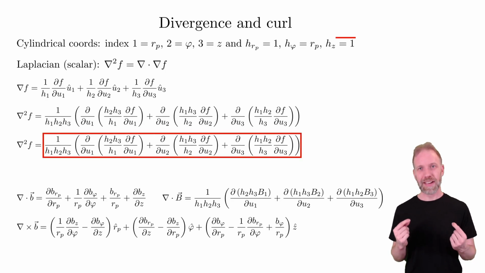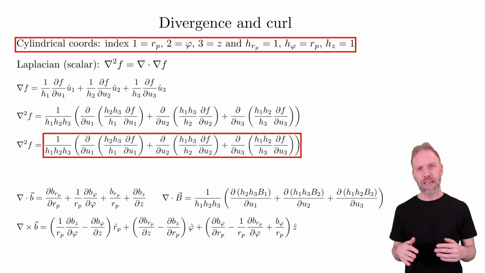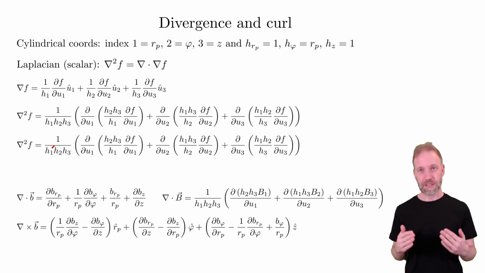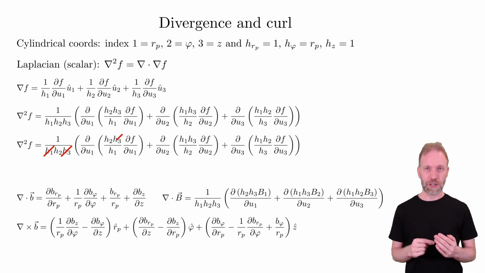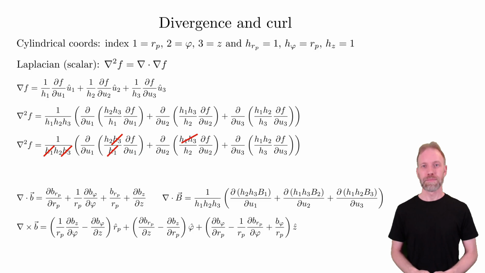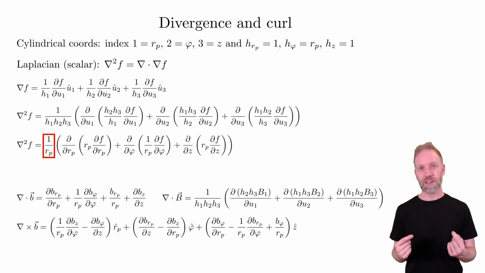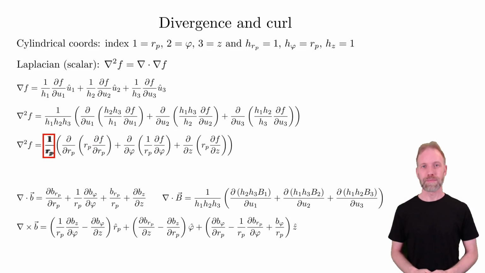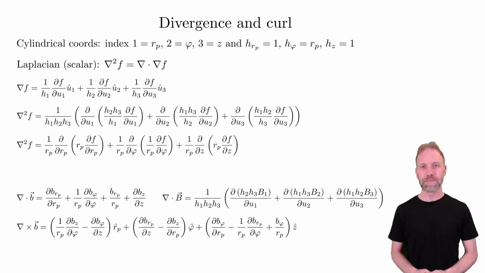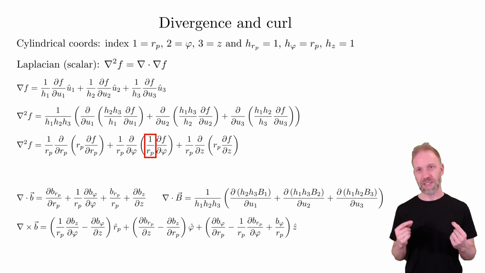Let's insert h values for cylindrical coordinates. Start by removing h1 and h3 as they are 1 and replace h2 with Rp. Distribute 1 over Rp. 1 over Rp is not the function of phi.